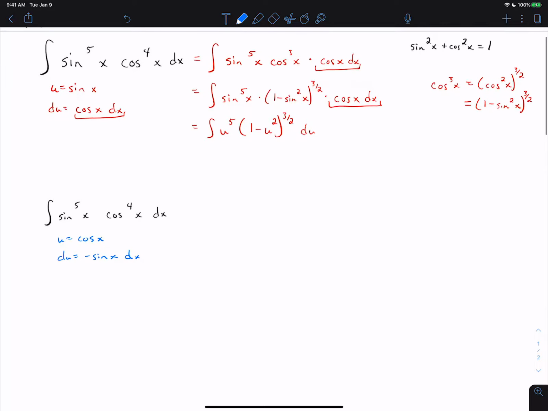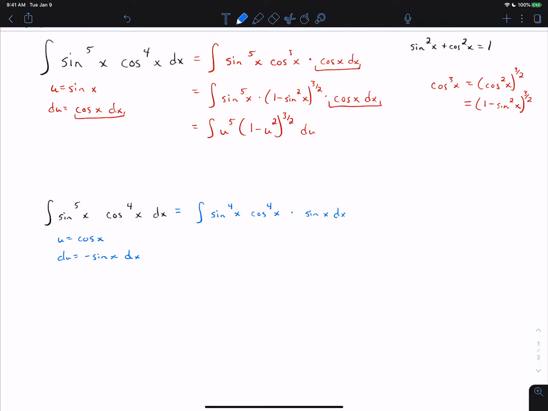So if we look at the second problem, or the same problem but the second solution method, u is cosine this time. So we're going to try to create du at the end of the problem. That means we need to take one of the factors of sine. There were 5 there, so that's going to leave 4. We're going to leave cosine to the fourth alone, and the fifth factor of sine we're going to put with the dx.